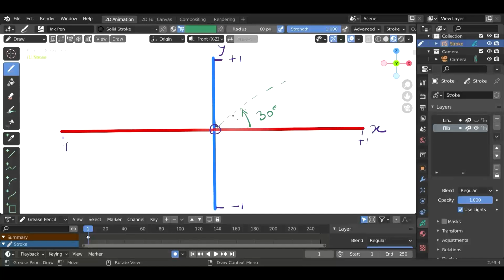The rest of the side would obviously be 30 minus 360, which is negative 330 degrees. So the rest of the side will be negative 330 degrees. I hope this makes sense how I'm going about it.